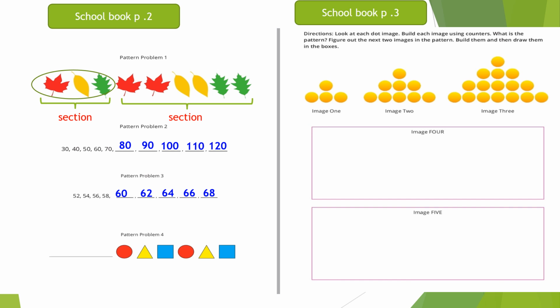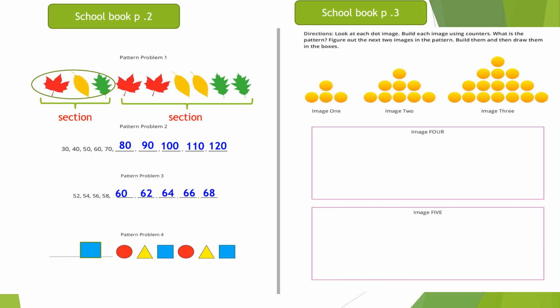The third image, we are counting from the top: 1 dot on the top, then 3, then 5, then 7. So what is happening?